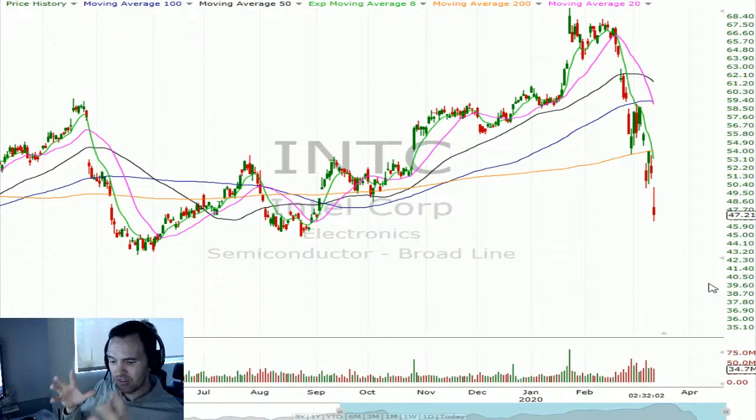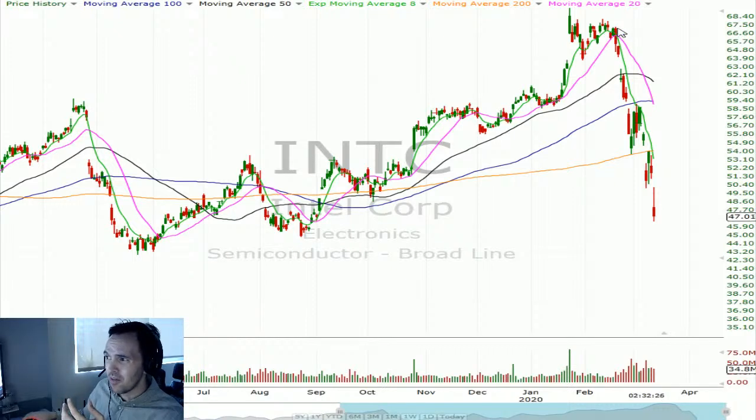It revolves around different, possibly different setups, whether it's stochastics, Fibonacci's, candlesticks. But moving averages really are probably one of the more closely followed technical indicators, right? On a day-to-day basis, I'm sure you're probably familiar with the ones I use.